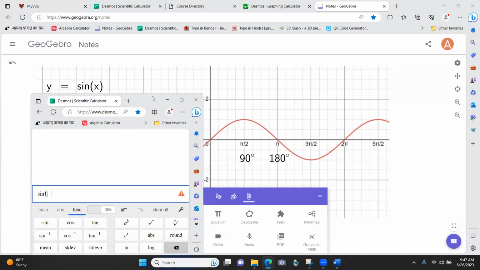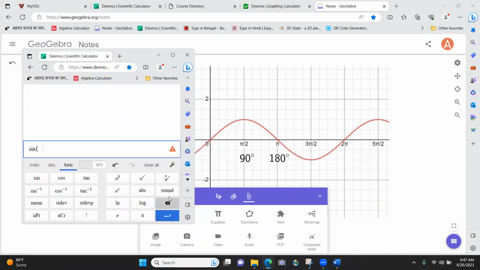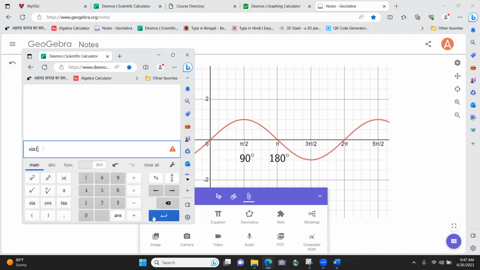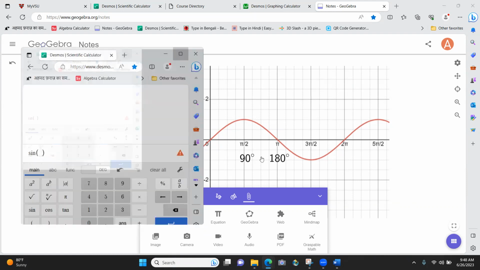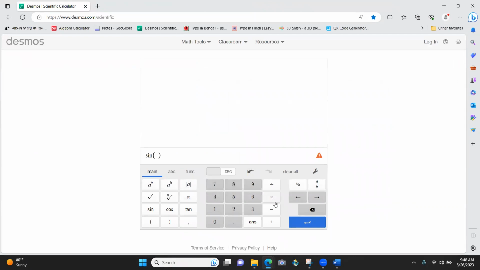I want to make sure it's in radians. Give me 1 second. Sine of 0. I kind of forgot how to get to radians, but we're going to find out in a second. Okay, sine of 0. Let's see if it's 0. All right.